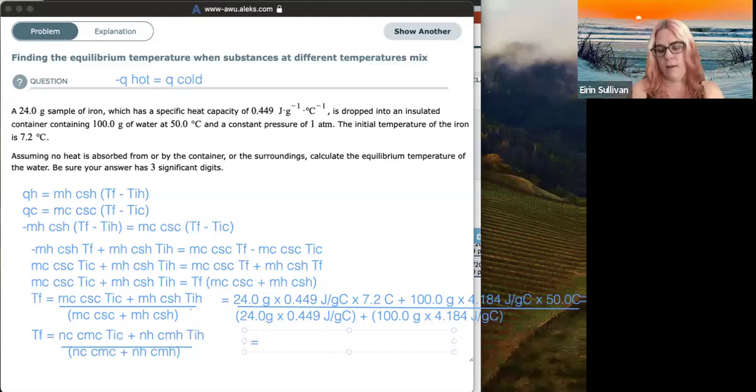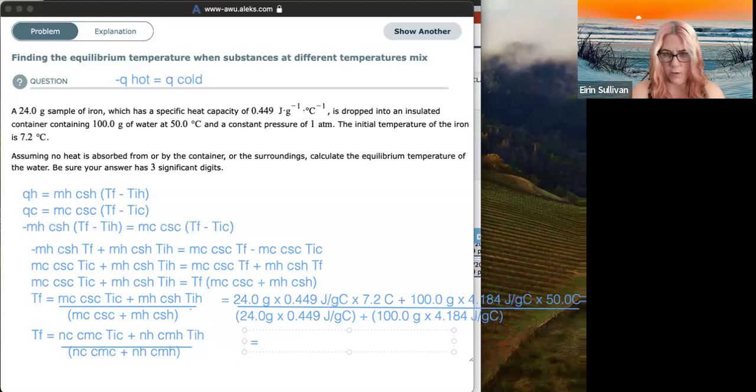But can I put in enough parentheses to make my iPhone calculator accept what I put into it? Who knows? Open parenthesis, 24 times 0.449 times 7.2, close parentheses, plus, open parentheses, 100 times 4.184 times 50.